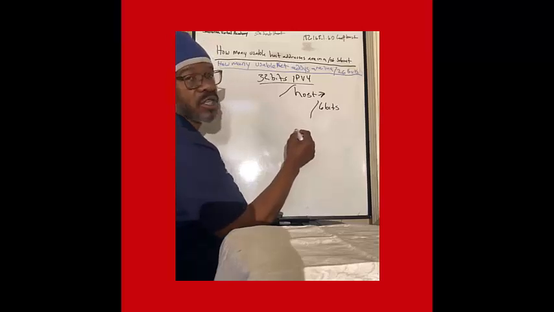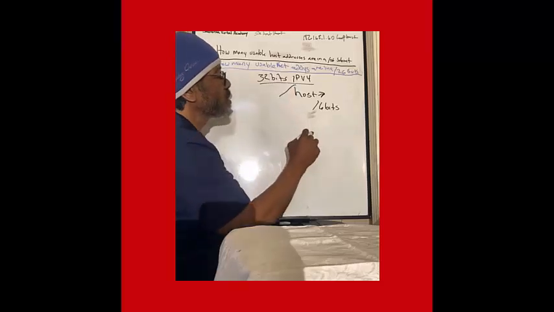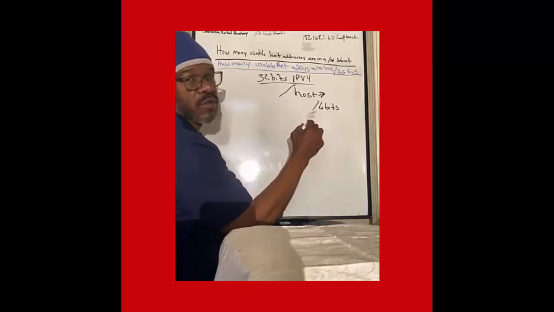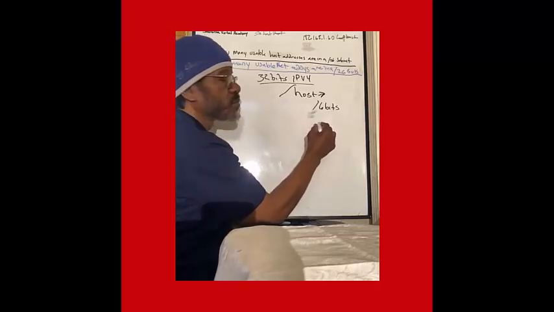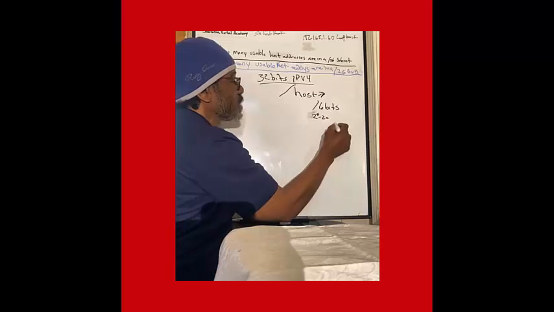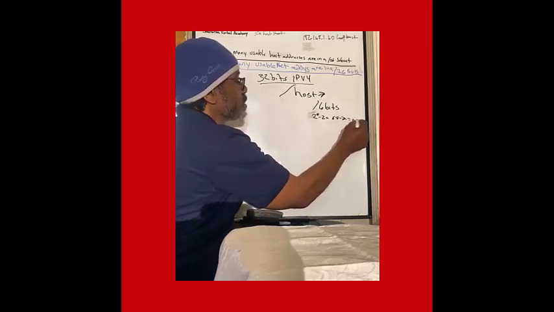Now with those 6 bits, we're going to have to use those to create hosts. So the math formula we use to determine the number of hosts available when using 6 bits is 2 to the 6 minus 2. That's going to equal 64 minus 2, which equals 62.